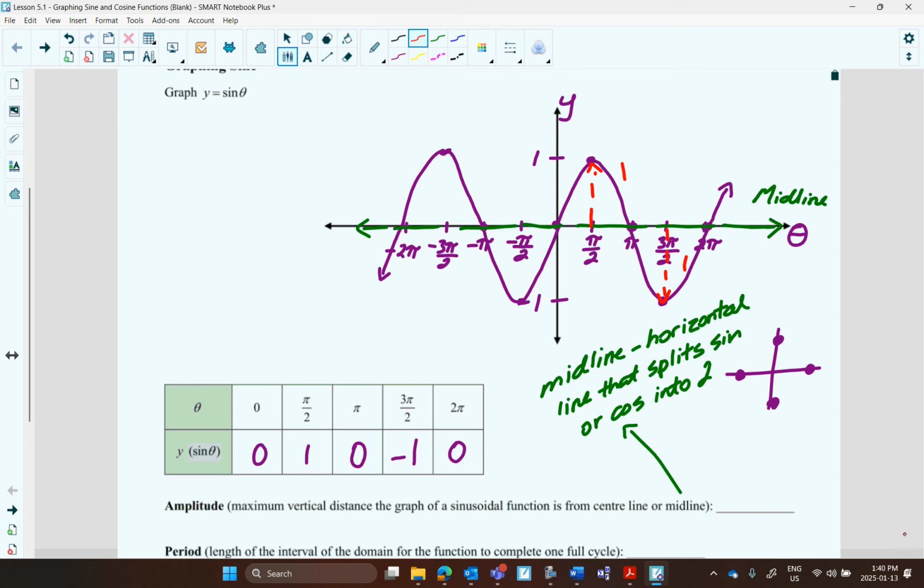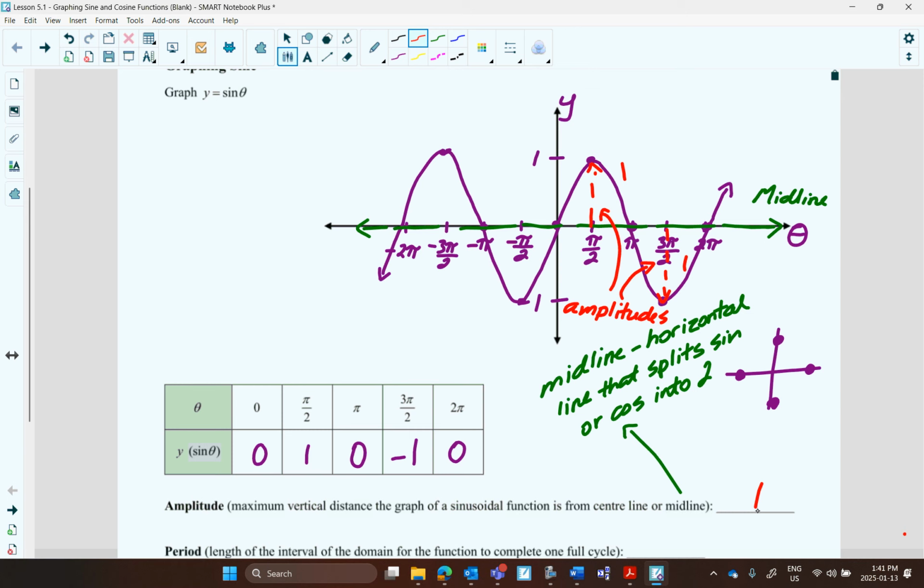The distance is 1, not -1. Amplitude is always positive. So these are amplitudes. So in this case, our amplitude is 1.